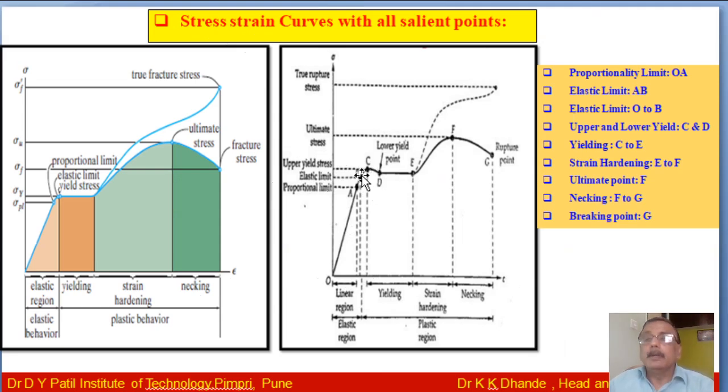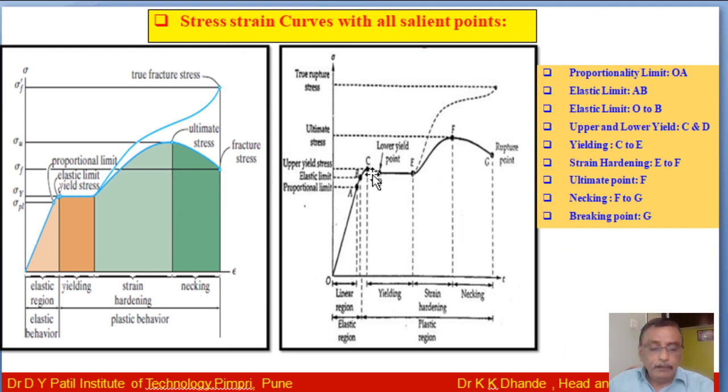That's why it's known as the plastic region. The stress first increases up to the upper yield point, that is point C, with increasing strain, and then decreases to the lower yield stress, that is point D. D is called the lower yield point.